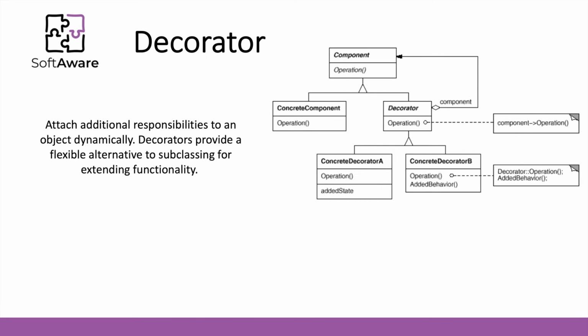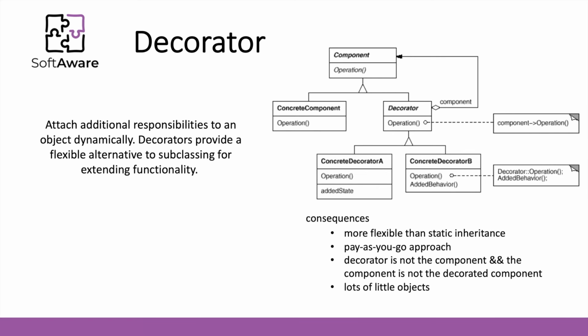The decorator pattern has at least two key benefits and two liabilities. More flexibility than static inheritance: the decorator pattern provides a more flexible way to add responsibilities to objects than can be had with static and multiple inheritance.